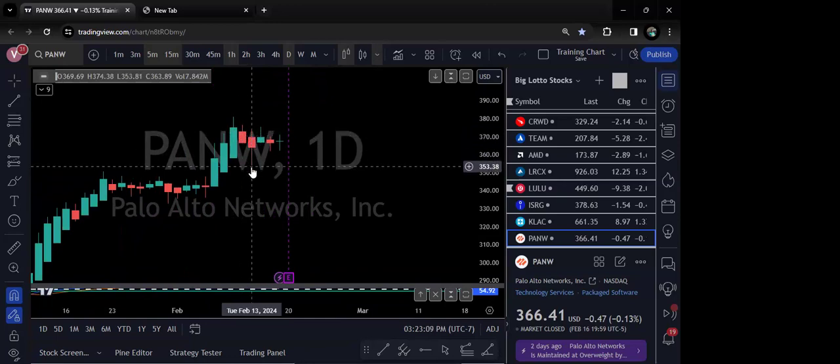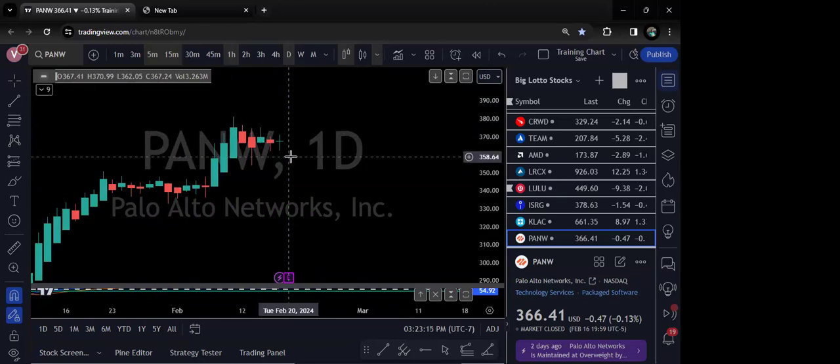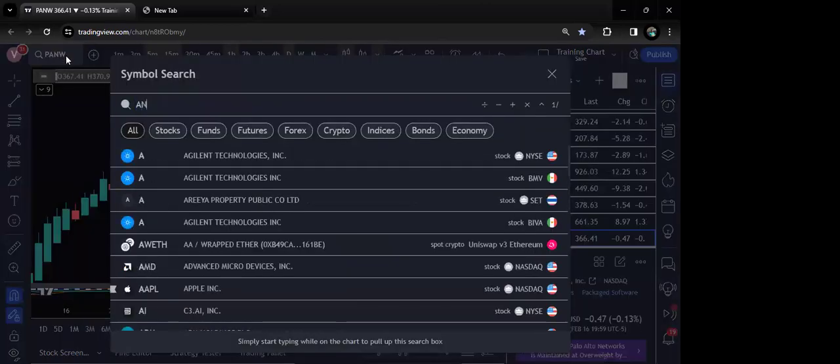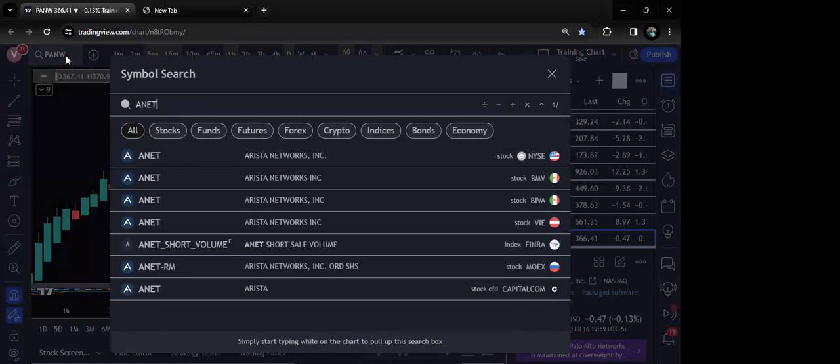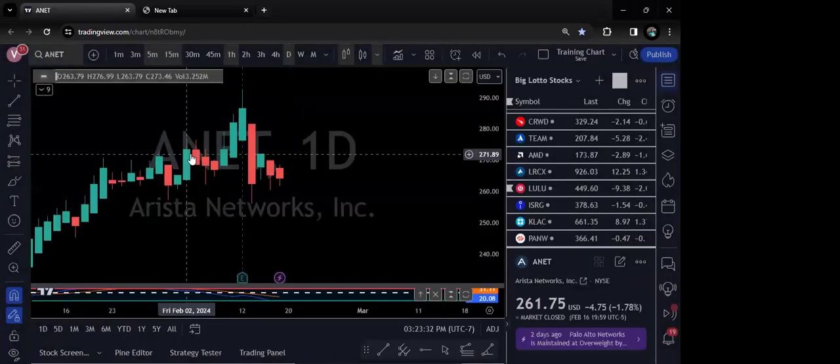So with a slingshot, sometimes the pullback has already happened. I like when such stocks are telling you you're going to get a slingshot, especially if a stock has already pulled back. Or it can pull back, like Annette had a slingshot, but it had not pulled back.